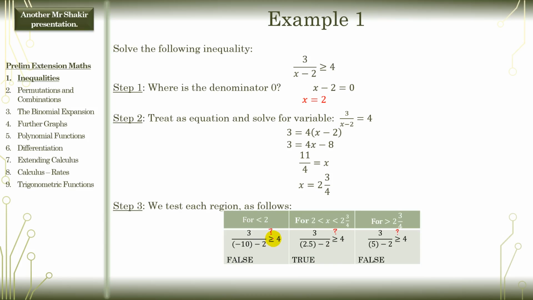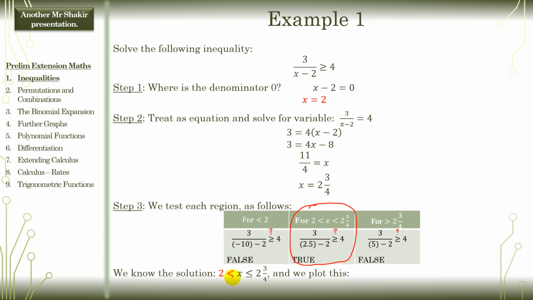This is to really make it clear that I'm testing if it's more than or equal to 4. We're testing each region. Then you choose a number that is greater than 2 3/4. I chose 5. Put it in a calculator, see if it's more than or equal to 4, and it is not. So our solution is that region, clearly. This is the only region where the inequality holds true.